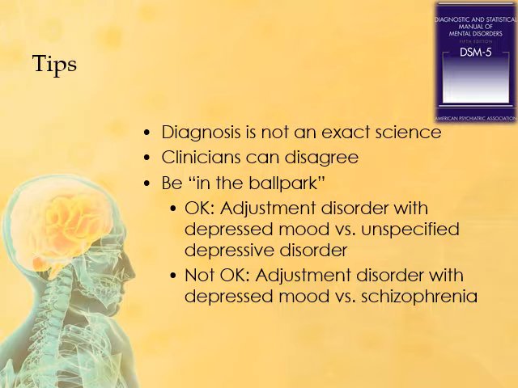It is not okay to be deciding between adjustment disorder with depressed mood versus schizophrenia. Those are two very different diagnoses. Adjustment disorder with depressed mood is essentially about, again, a stressor that is causing a person to feel depressed or have a depressed mood, whereas schizophrenia is a very dysfunctional impairment in a person's reality testing, in their disorganization of thought, in their ability to take care of their day-to-day hygiene, and they also experience hallucinations and delusions.